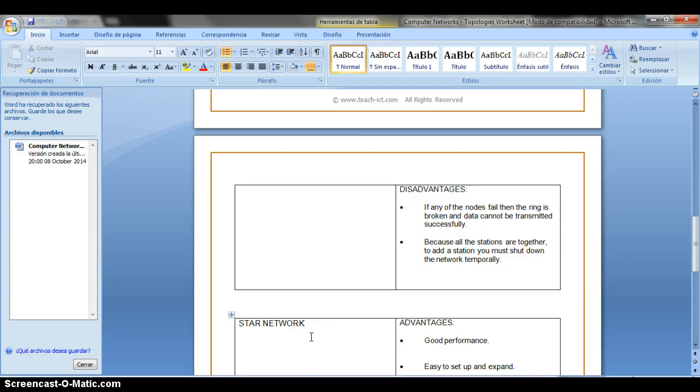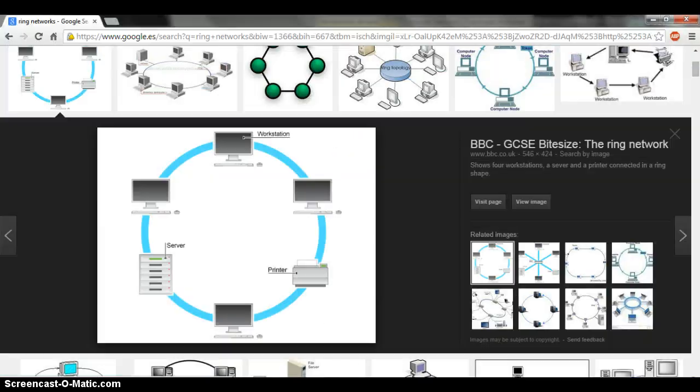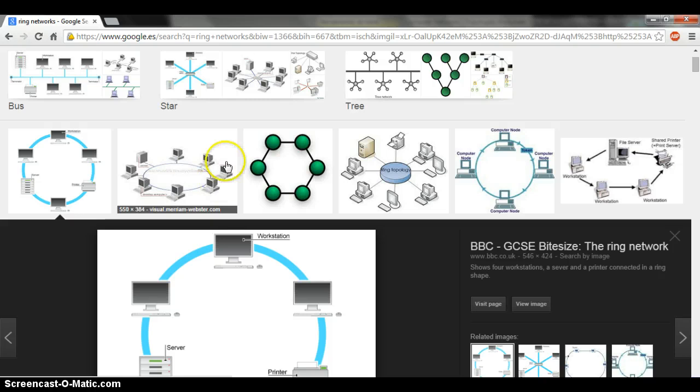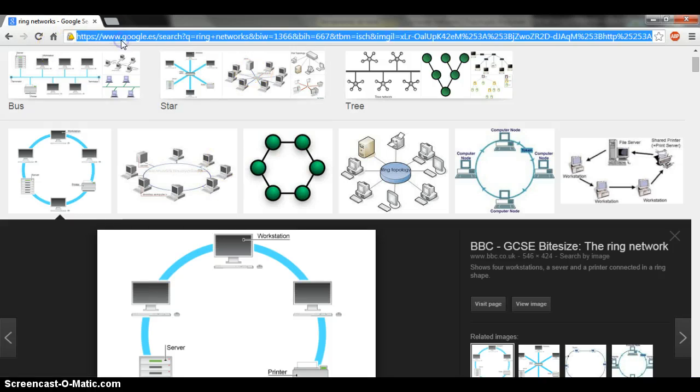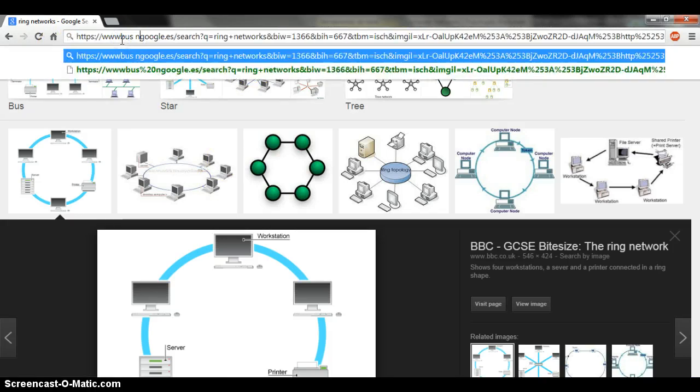Okay, then bus networks. A bus network has each computer or device connected to a common spine. So, when a computer or device sends data, it travels along the spine until it reaches the computer that requires it.